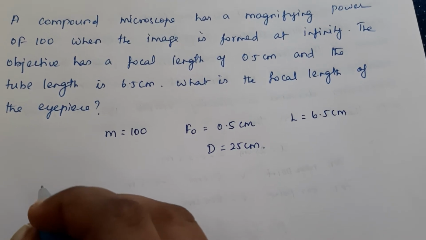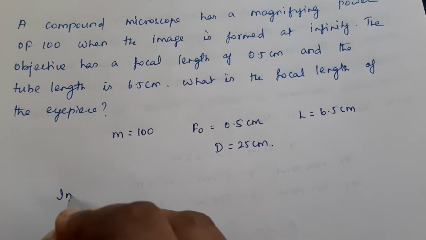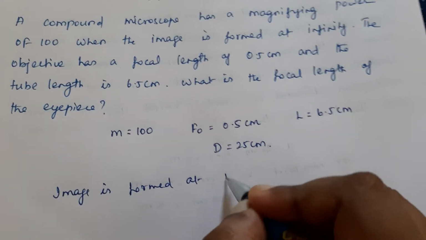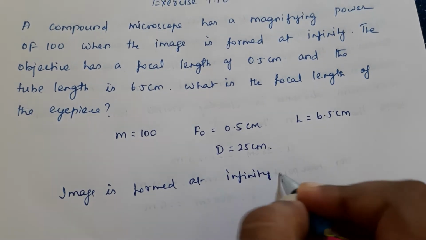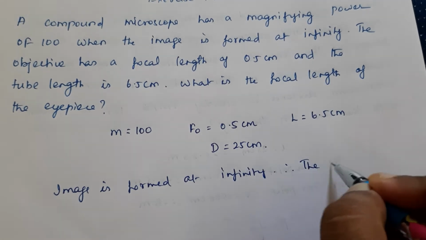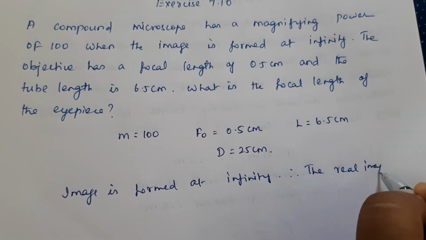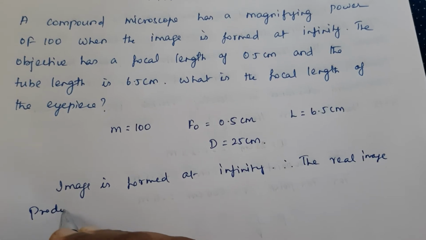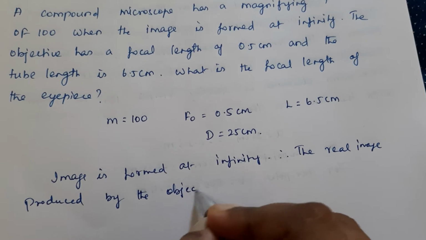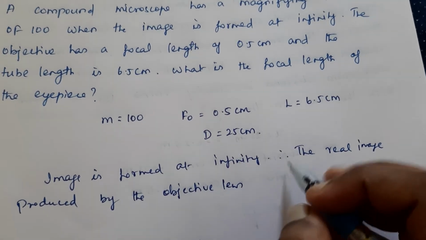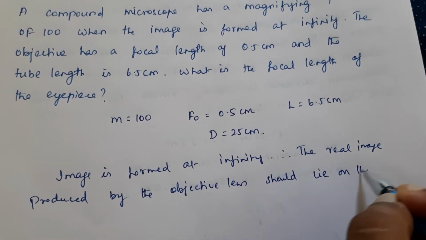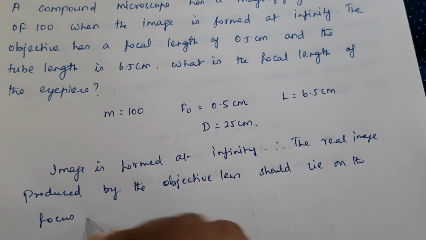Here the image is formed at infinity. Therefore, the real image produced by the objective lens should lie on the focus.